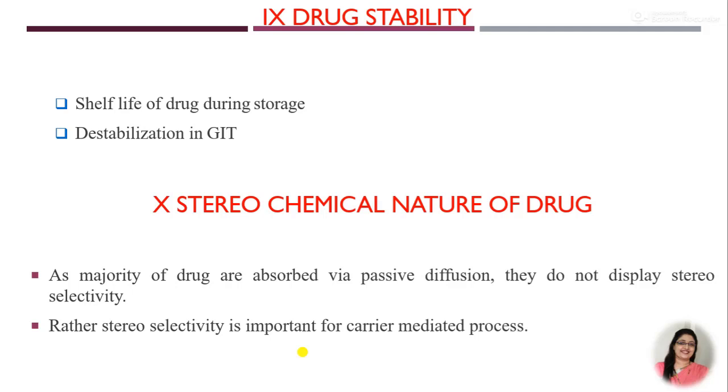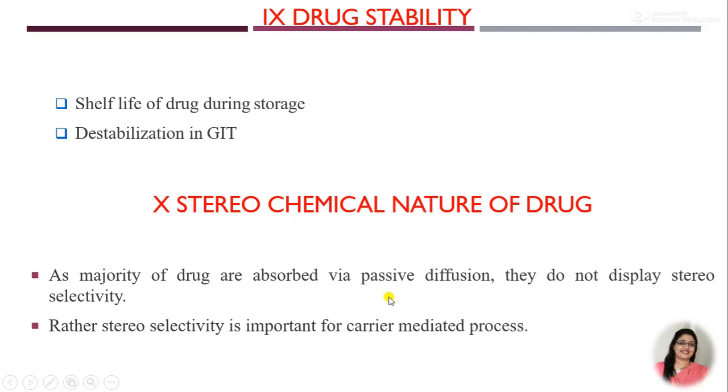And the last property is stereochemical nature of drug. As a majority of drugs are absorbed via passive diffusion, they do not display stereoselectivity. Rather, stereoselectivity is important for carrier-mediated processes.